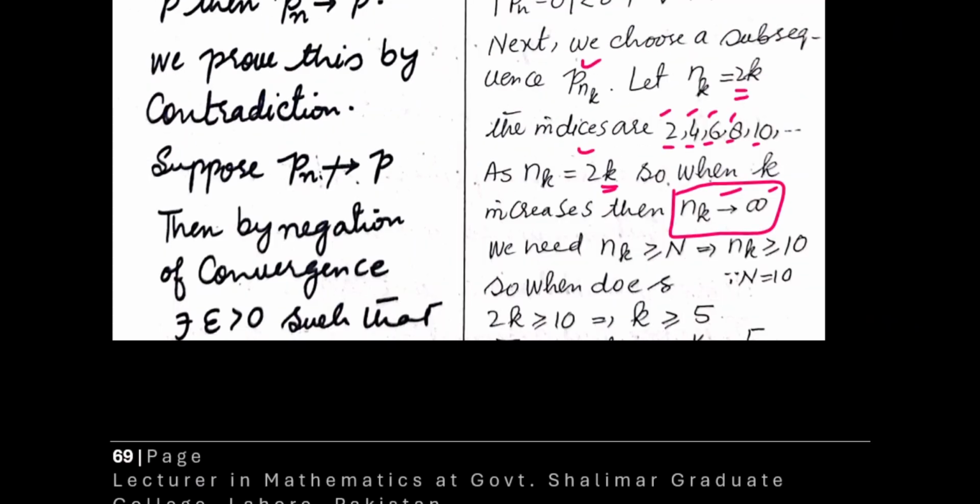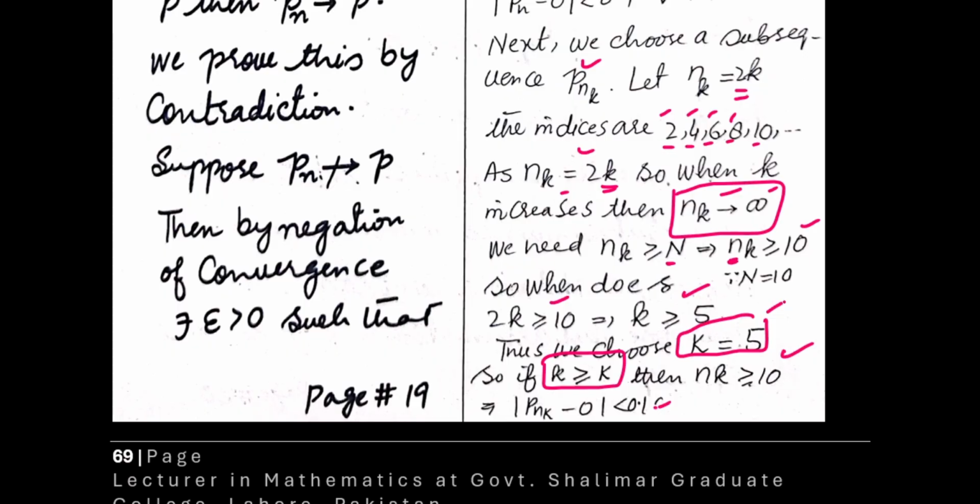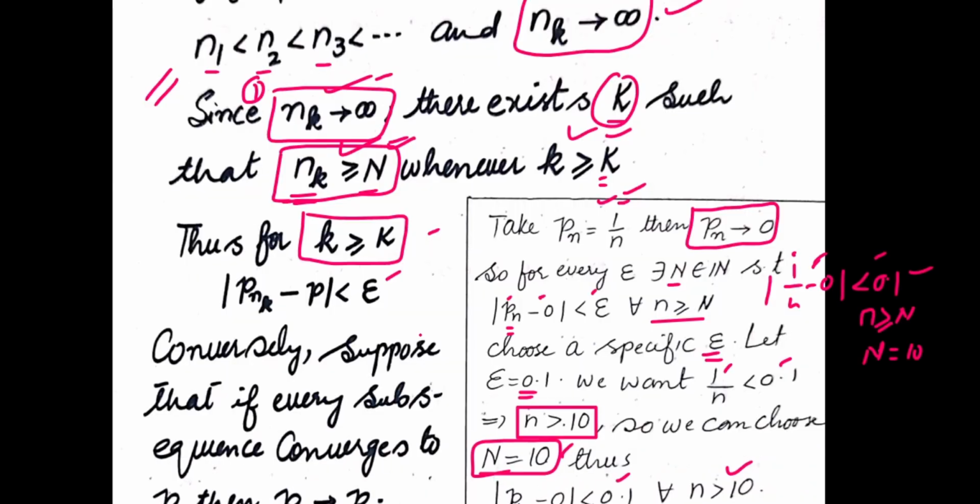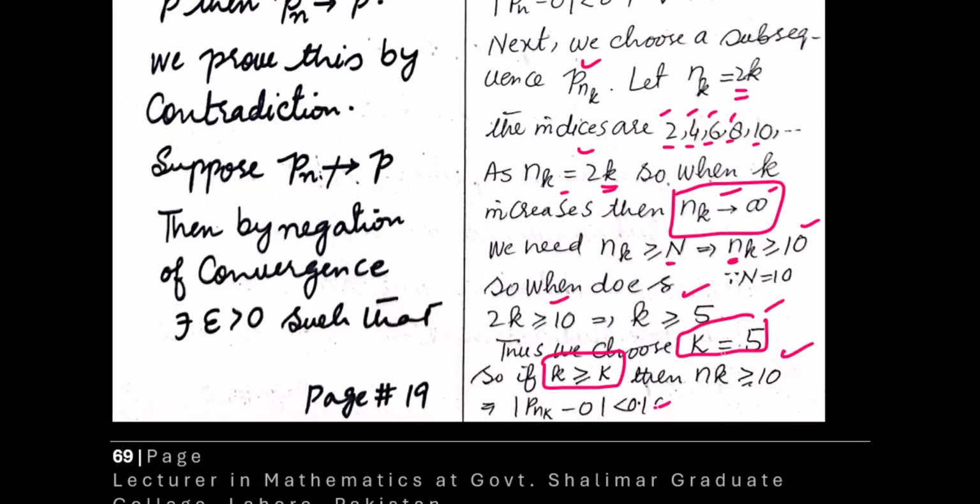What are the stages? Here, after 5 stages, your nk becomes greater than or equal to 10, greater than or equal to N, and in this case your subsequence always converges to p. Like here, after 5 stages, your nk is greater than or equal to 10, and in this case your p_nk also approaches 0 for this epsilon.